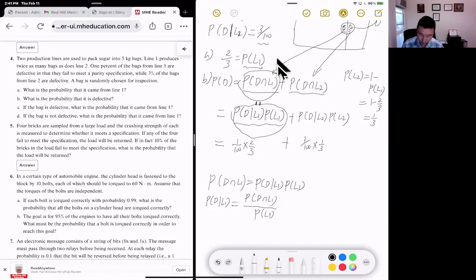This is true in the same format: you just move P(L1) to the other side, and you get this.